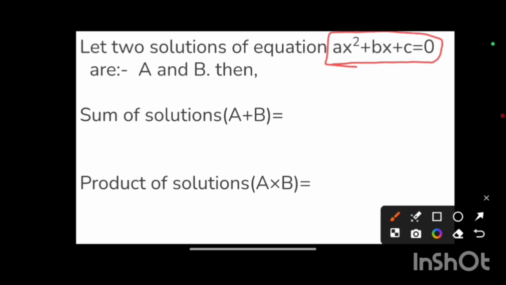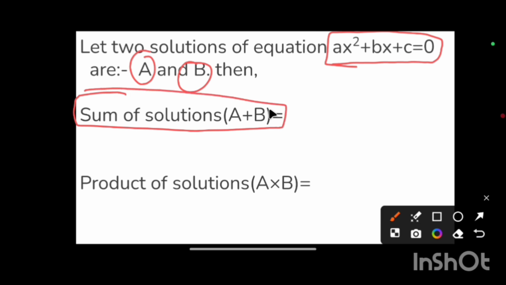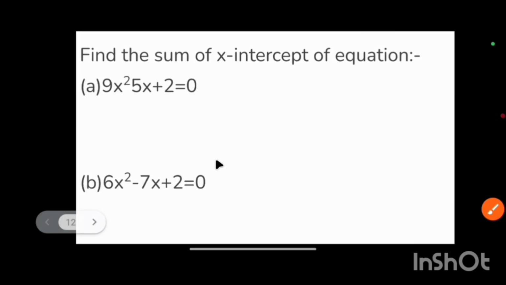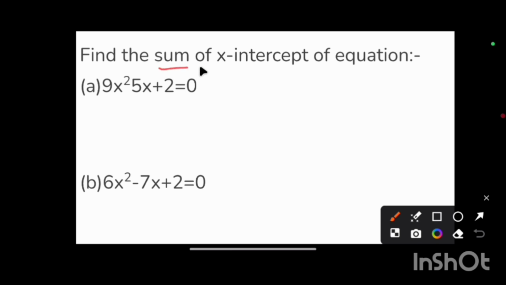So the sum of solutions alpha plus beta is equal to negative of b upon a, and the product of solutions alpha into beta is c over a. Here negative b over a, and c over a. If you do not know the formula, then you find the two roots first and then add them up, and it is a very lengthy, time consuming method.